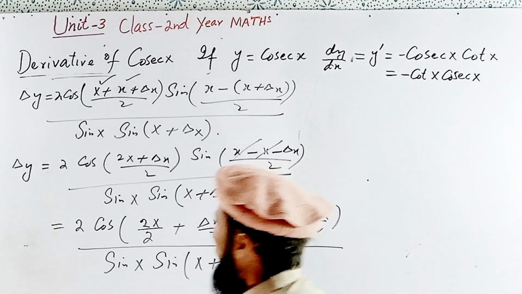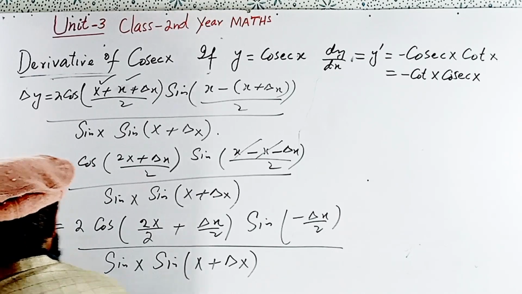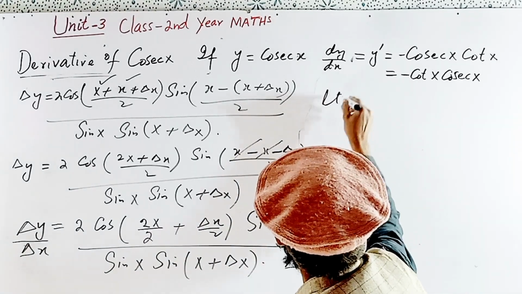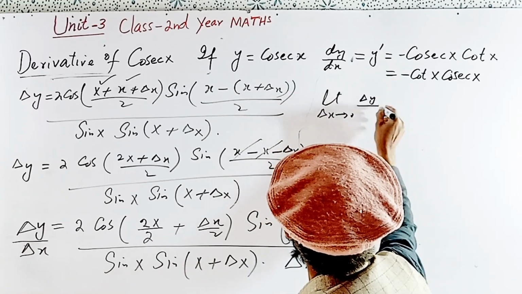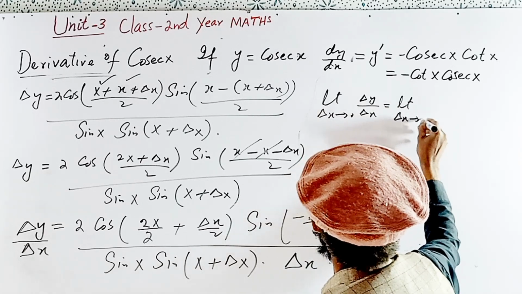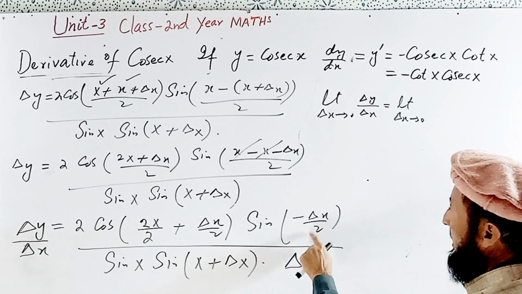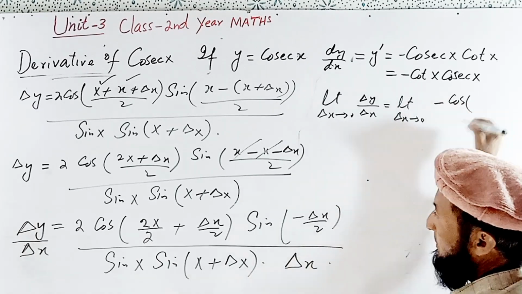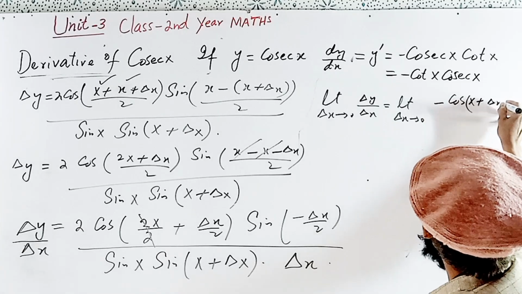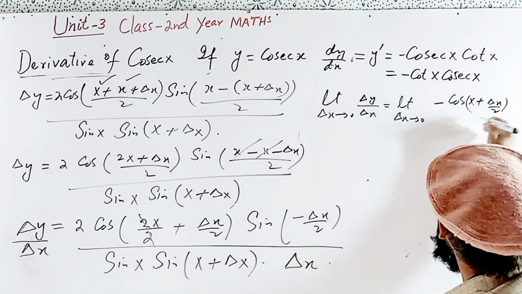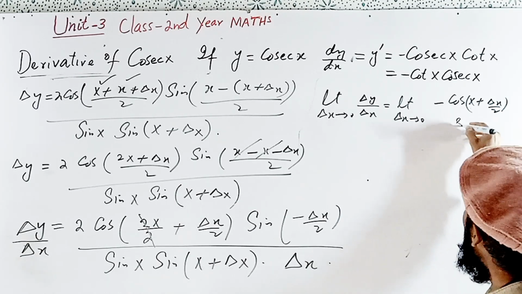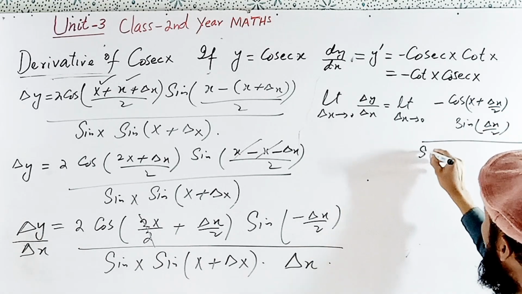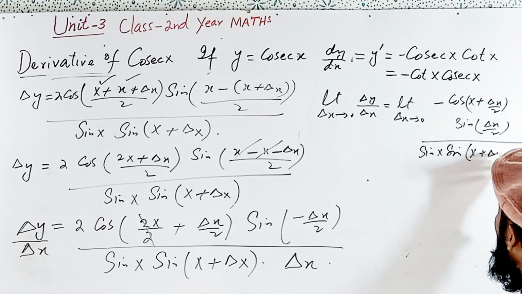Now we divide both sides by delta x. Applying limits on both sides of this equation, limit as delta x tends to 0 of delta y divided by delta x is equal to the limit as delta x tends to 0 of minus cos of (2x plus delta x) divided by 2, times sin of delta x divided by 2, divided by delta x divided by 2, divided by sin x times sin of x plus delta x.